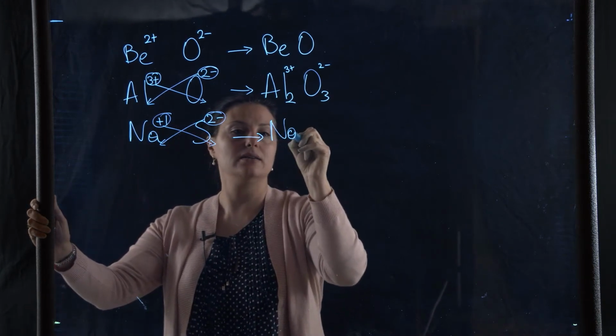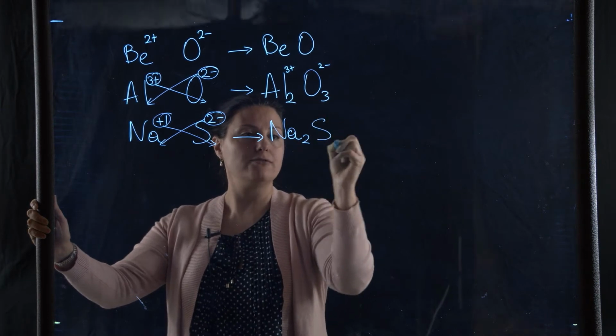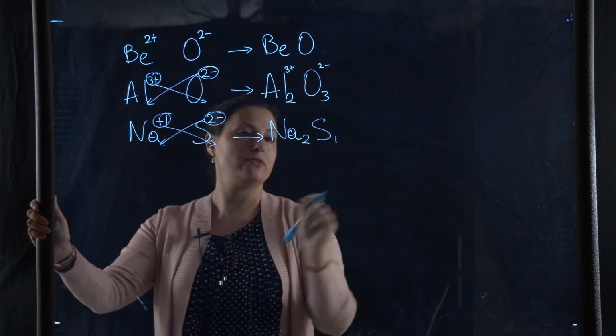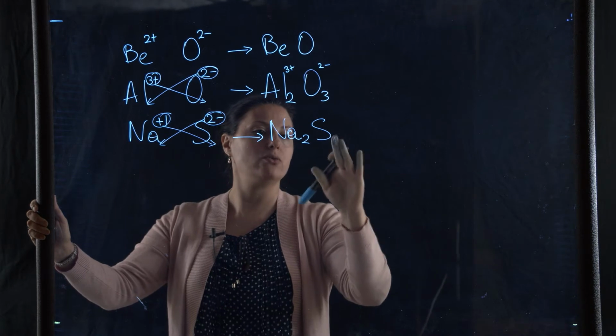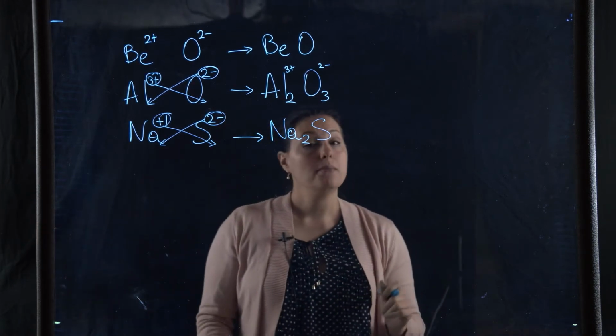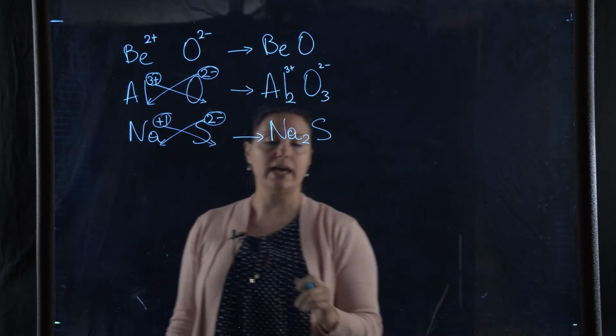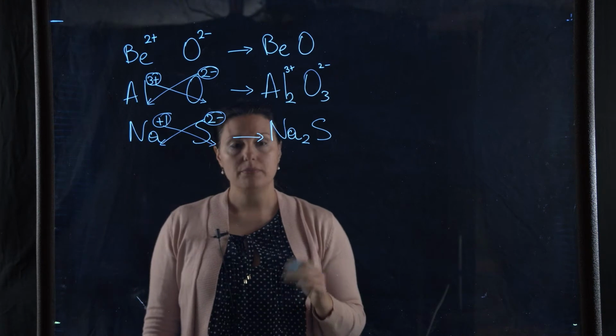So Na will get a 2 from the charge of sulfur, and sulfur will get a 1 from the charge of sodium, but we don't really write the 1. And so we have Na2S. Make sure that you write the metal first. The cation is written first by convention.